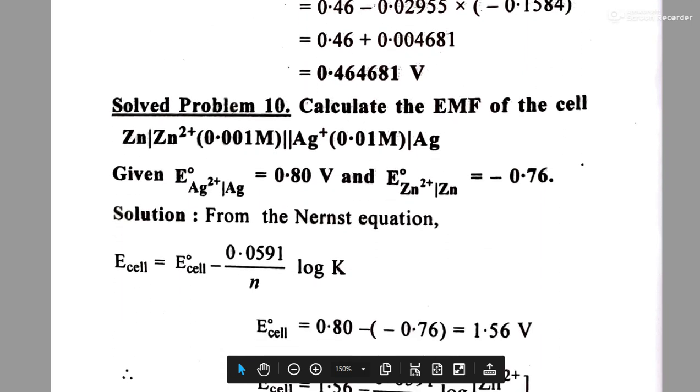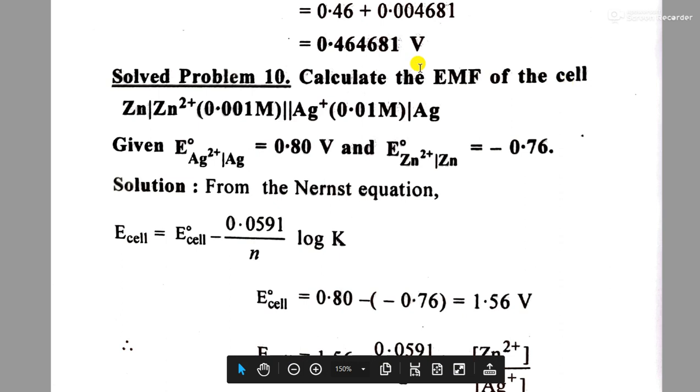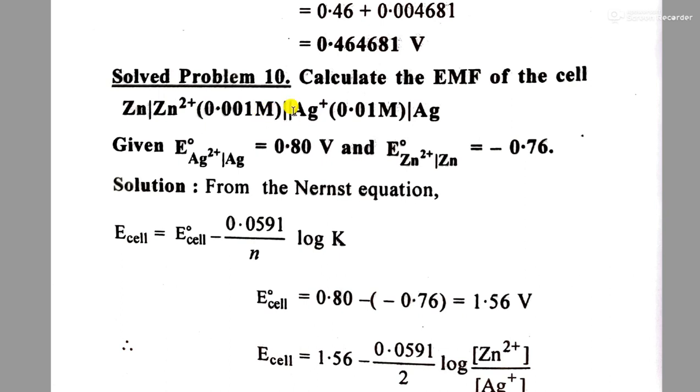Again, the last problem: calculate the EMF of a cell. Zinc 2 plus 0.001 molar, salt bridge, Ag plus 0.01 molar, Ag. Here also given the reduction potential for converting Ag plus to Ag is 0.8 volt, and the reduction potential for zinc 2 plus to zinc is minus 0.76 volt.